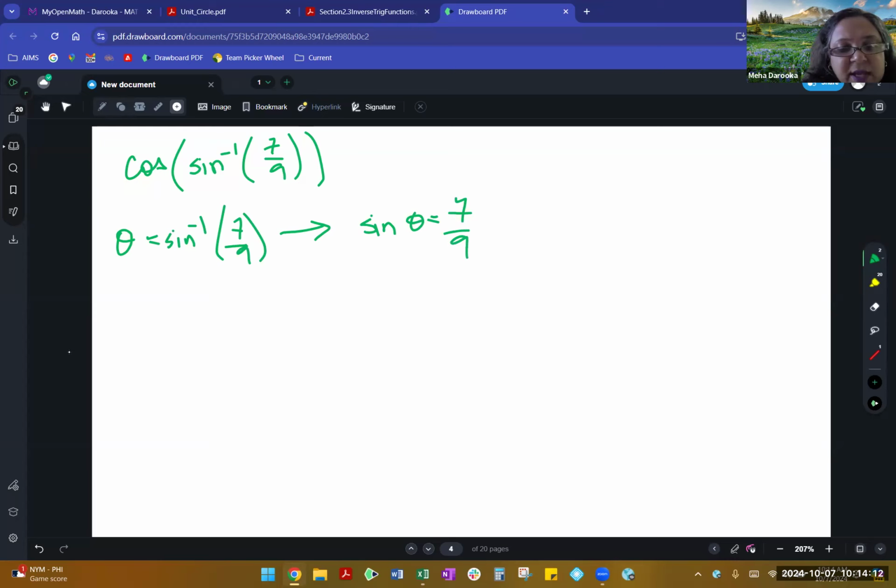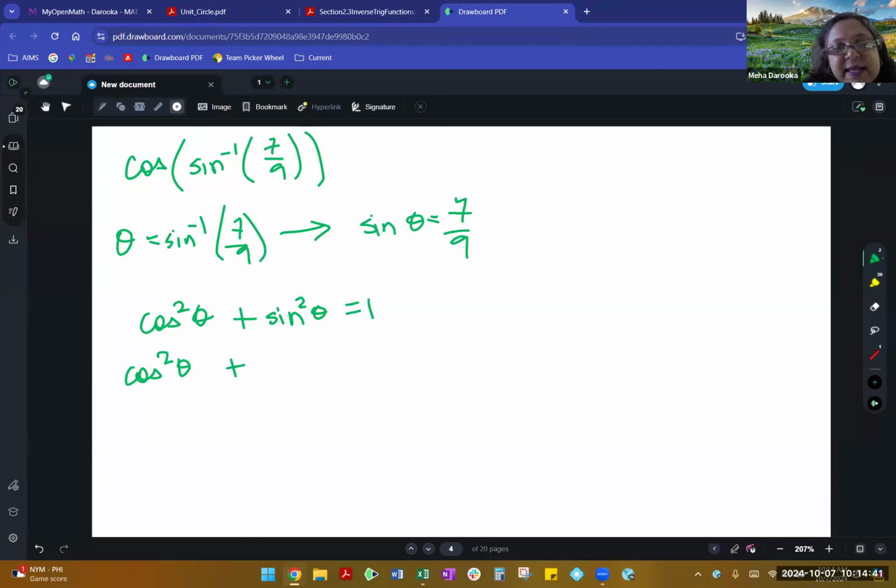Now, since we are talking about the relationship between sine and cosine, you can go back and use the Pythagorean identity where cosine squared theta plus sine squared theta is equal to 1. So we're trying to find out what cosine squared is going to be.